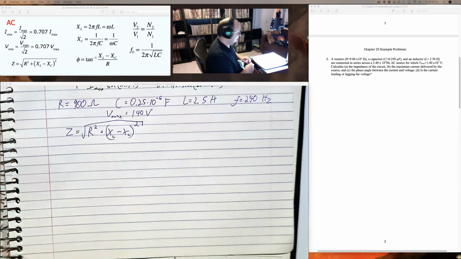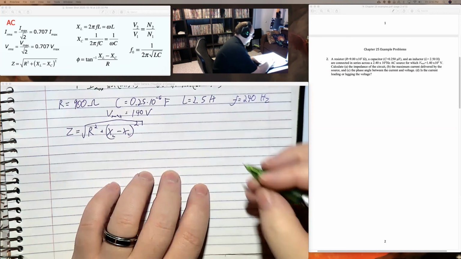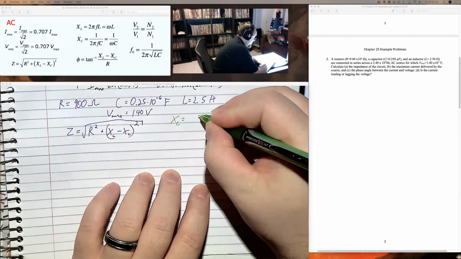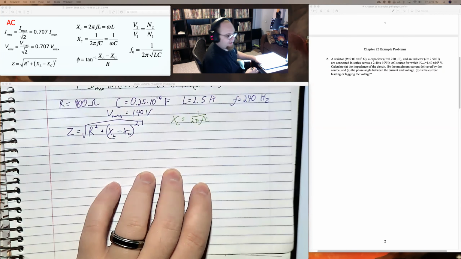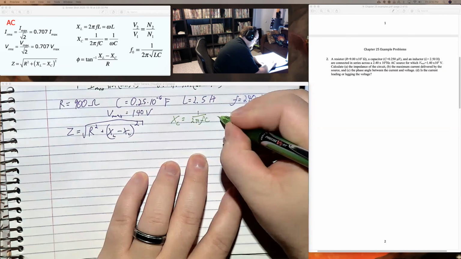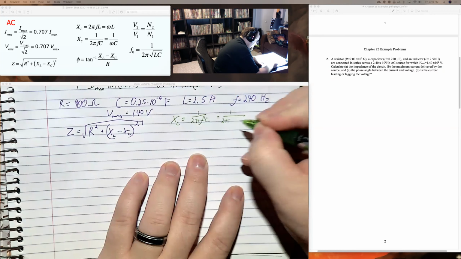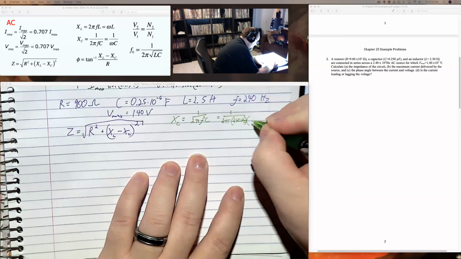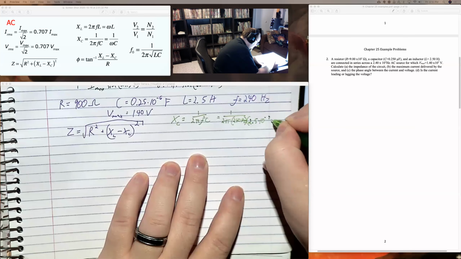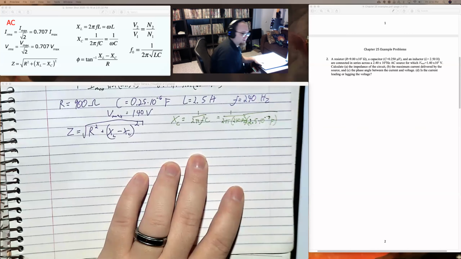Now to do this, that means I need XL and XC. But I can get both those. XC is 1 over 2 pi FC. I did that by memory. Let's make sure I'm right. Yep. So it's 1 over 2 pi times the frequency, 240 hertz, times C, 2.5 times 10 to the negative 7th farads. I'm just converting it to a more normal way.